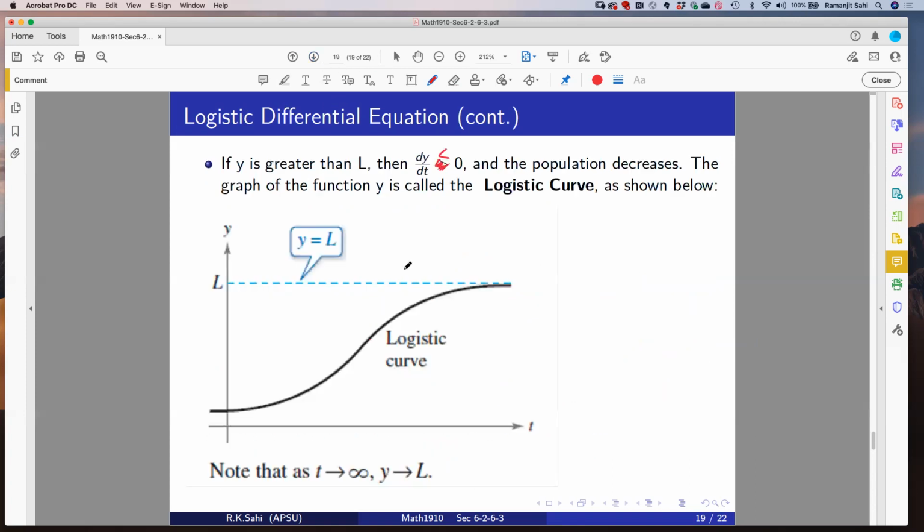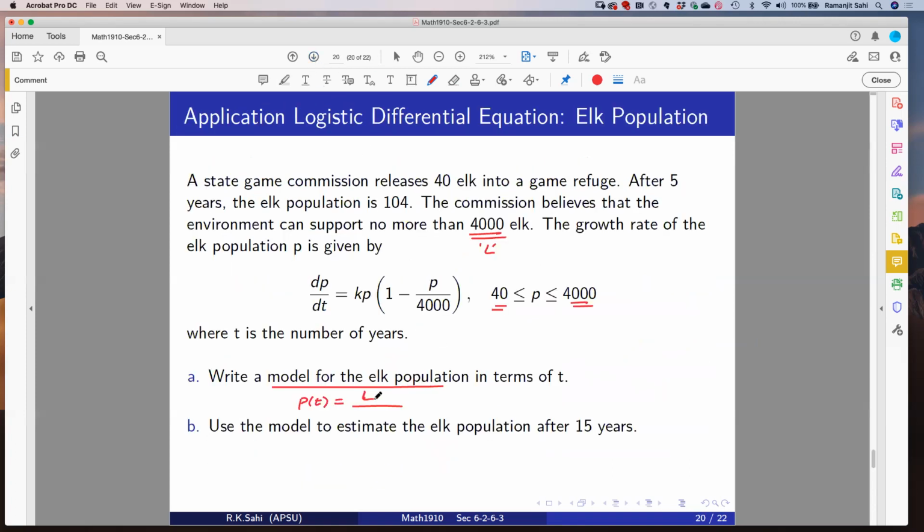Okay, so let's go back here. So it is L over 1 plus B e to the power minus KT. Now remember, my L is 4,000 from here. 4,000 over 1 plus B e to the power negative KT. So to find this model, what I need to do is find the B's and the K's.